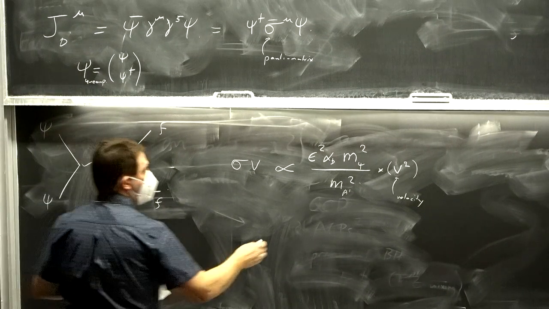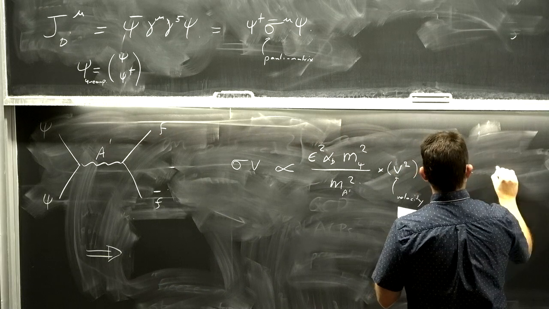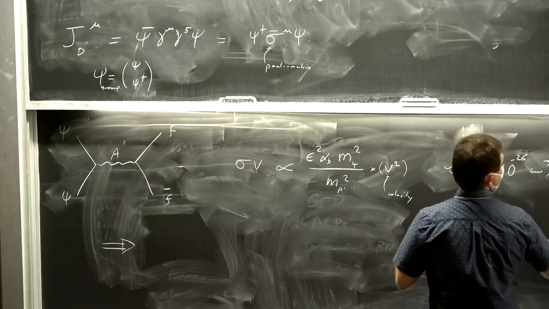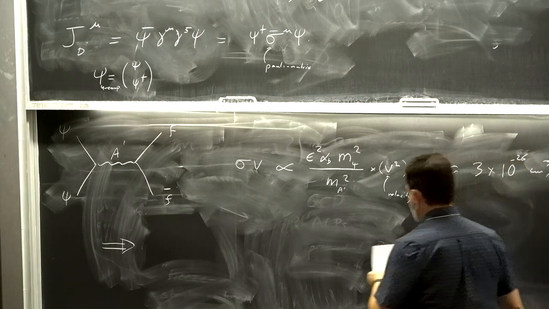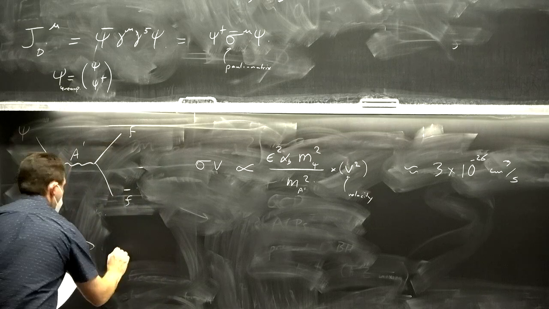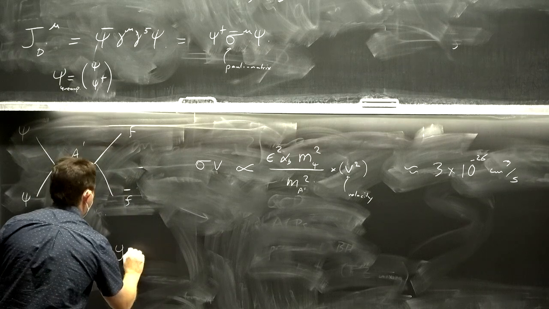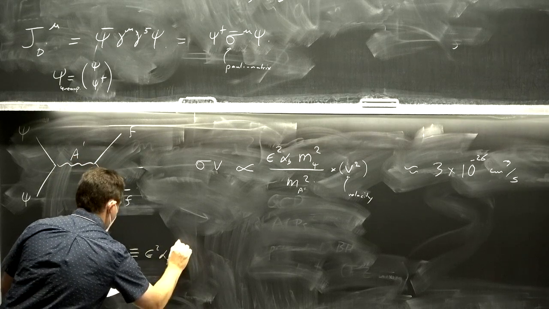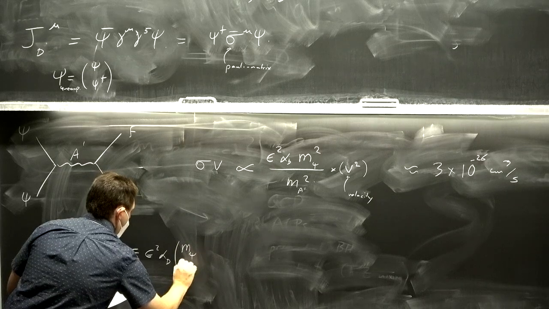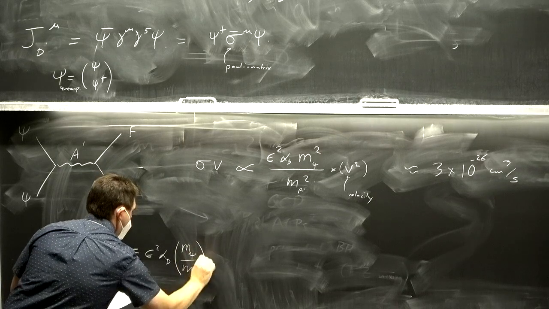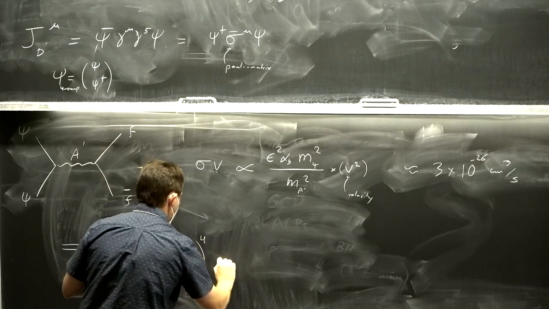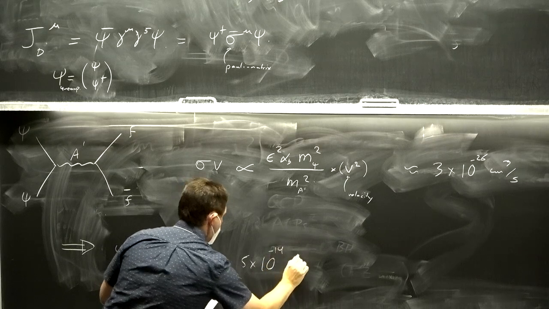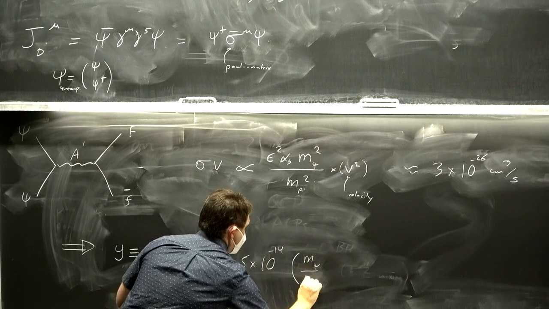So if you want this to be equal to the thermal freeze-out rate, then that implies that the combination, which is called Y canonically, epsilon squared alpha dark, and it's presented as a dimensionless variable, needs to be approximately equal to 5 times 10 to the minus 14 times m psi over MeV squared.